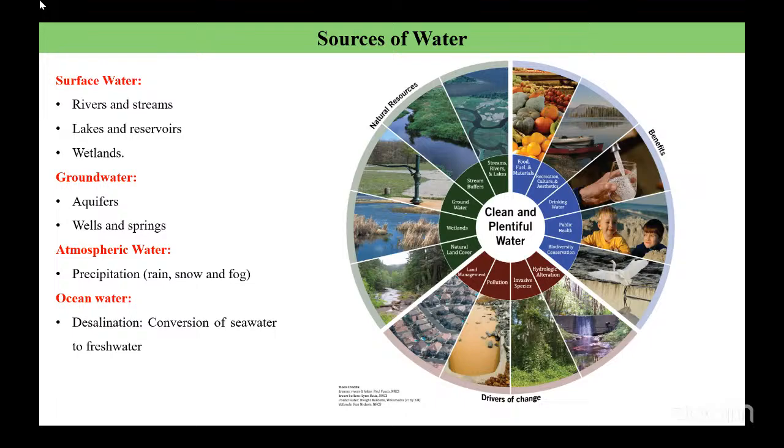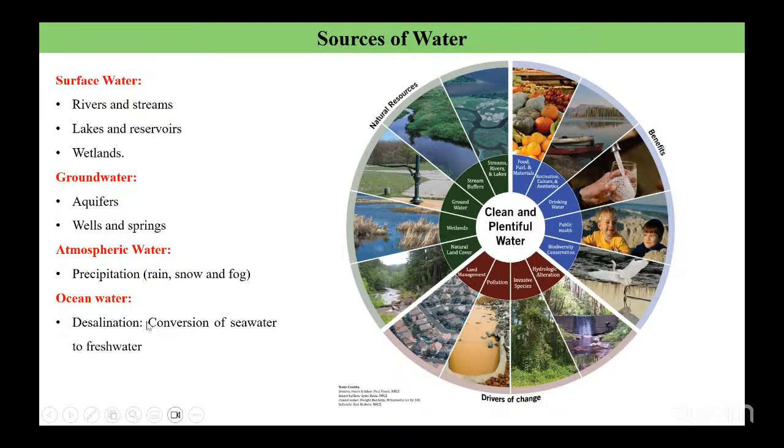Coming to the atmospheric water, the water source is in the form of precipitation, that is in the form of rain, snow, fog, dew, you name it. And this is the atmospheric water, where the earth is receiving water from the atmosphere, and it is getting recharged in the form of groundwater, recharge of aquifers, recharge of wells and springs, and recharge of surface water.